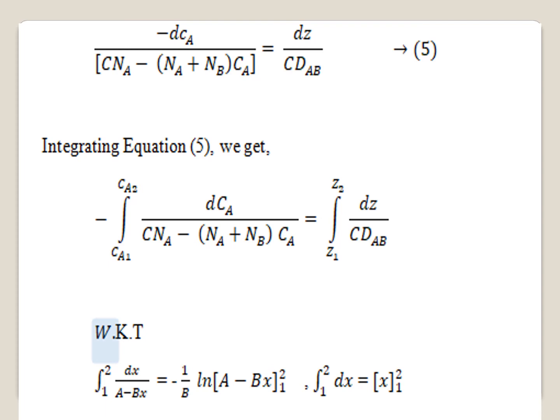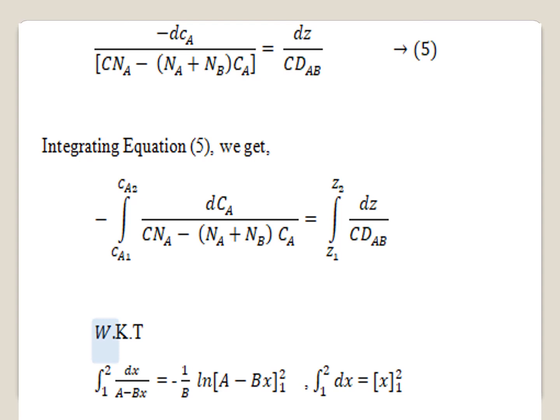So first we focus on the LHS side. x is Ca, capital A is C into NA, and capital B is NA plus NB, that's all. So we substitute here. This is the form dx by (a minus bx), but here it is dCa by (C·NA minus (NA plus NB) into Ca).